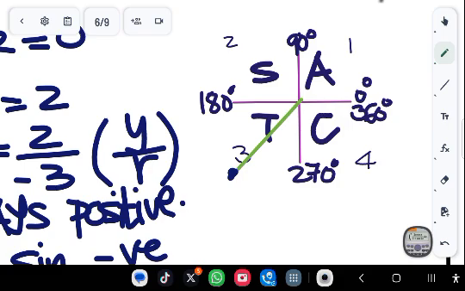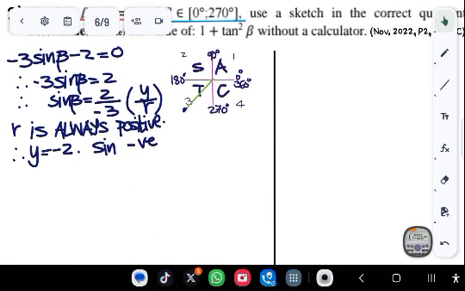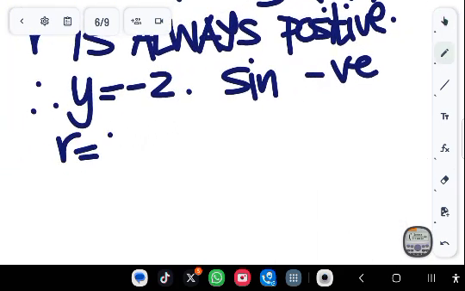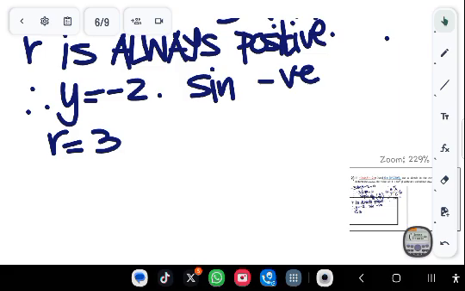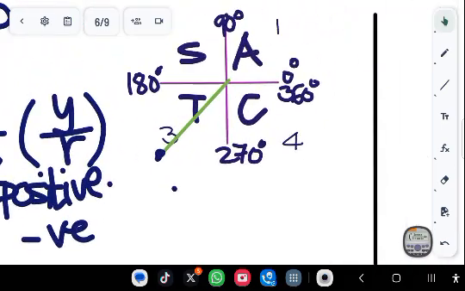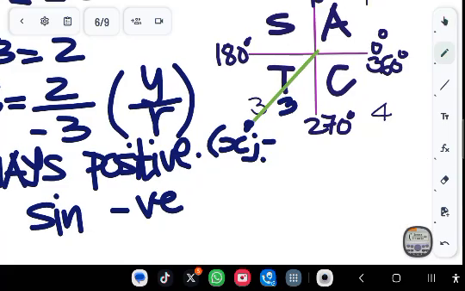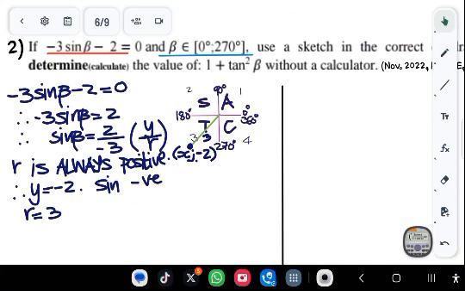So according to that, we know that the hypotenuse is 3. R equals to positive 3. So the hypotenuse is 3. And the y coordinate is negative 2. We don't know what the x coordinate is yet. All right.